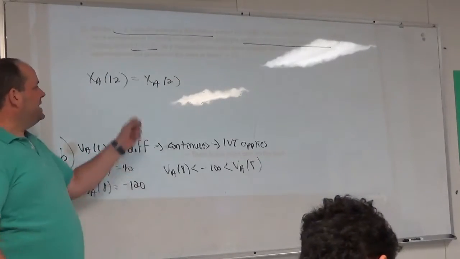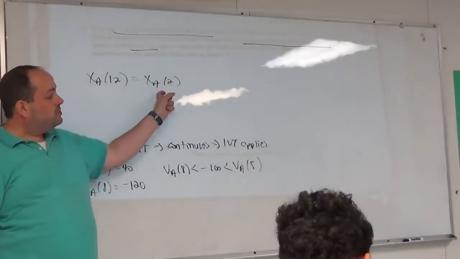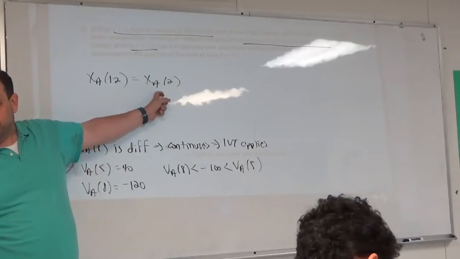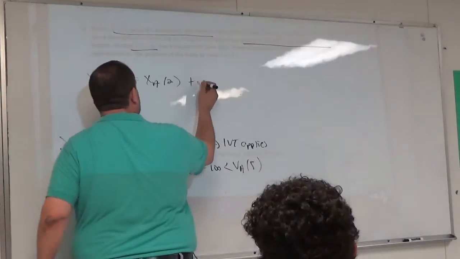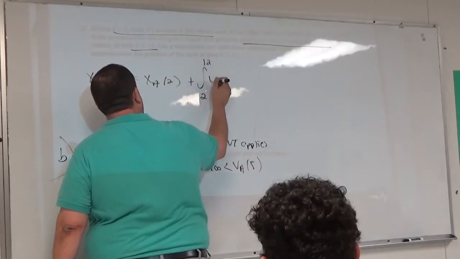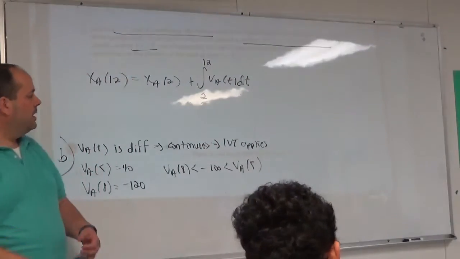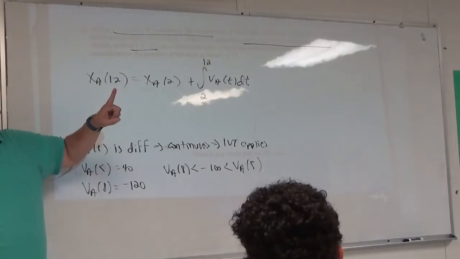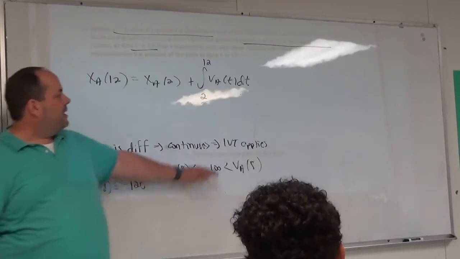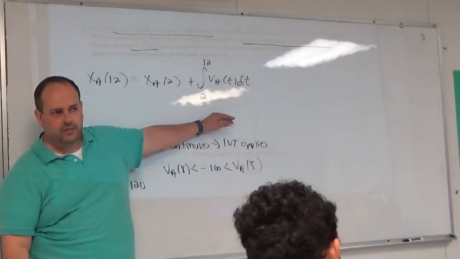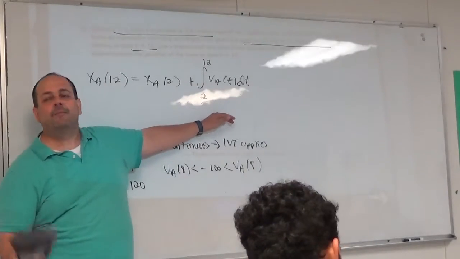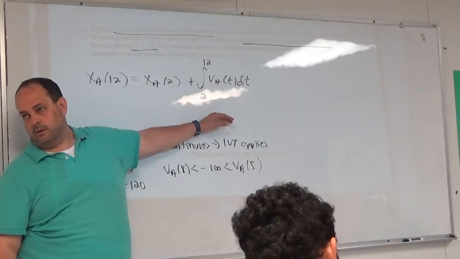The position at time 12 is equal to the only position that you know, plus an integral from 2 to 12 of v sub a of t dt. Writing that down gets you the first point. From here, it was a matter of using the trapezoidal approximation, and most people did well with that part.